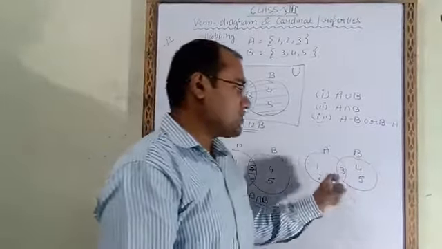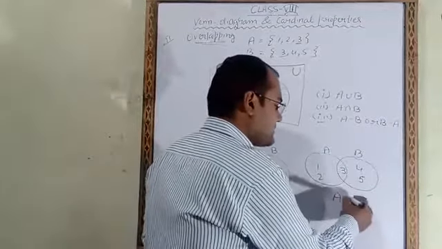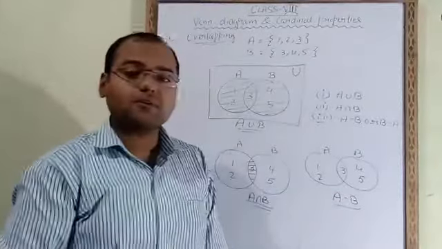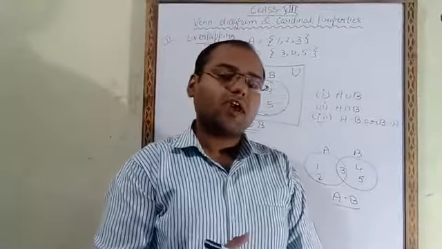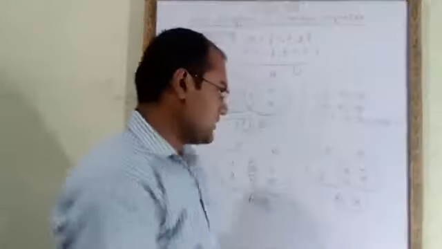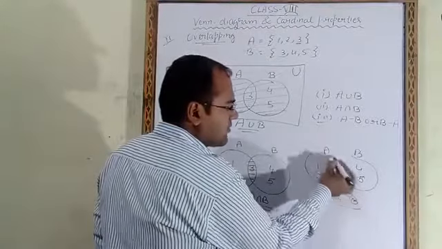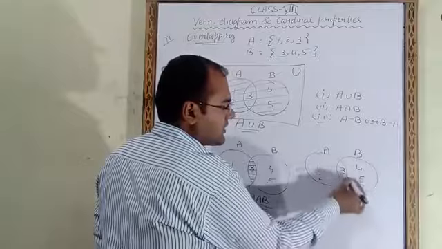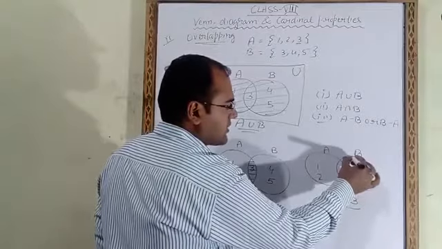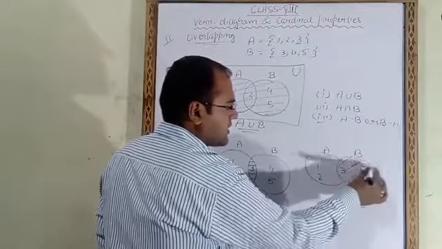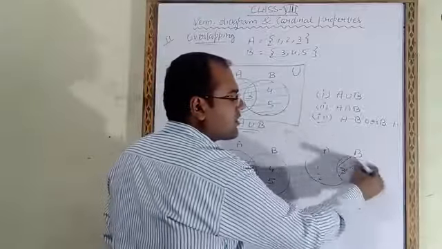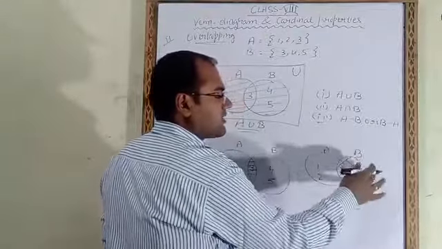Now here we have to shade A minus B. A minus B means from A we have to remove B. This is the circle of A. From this circle we have to remove the B circle. This B circle we have to remove, so we will not take it. So which part will we take?